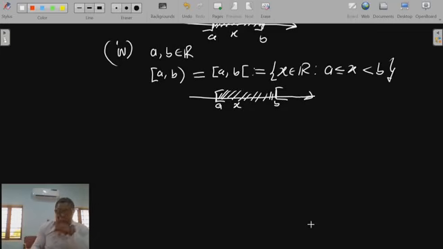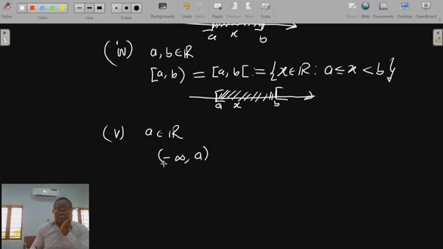We still have other ones, like V. Here, if we fix A in R, we can talk about a set of the form that is denoted by, say, (minus infinity, A).